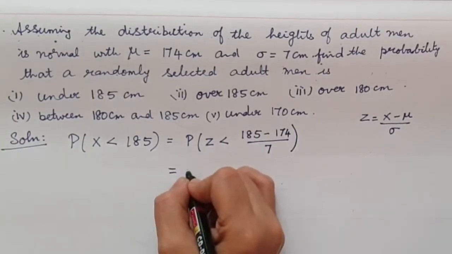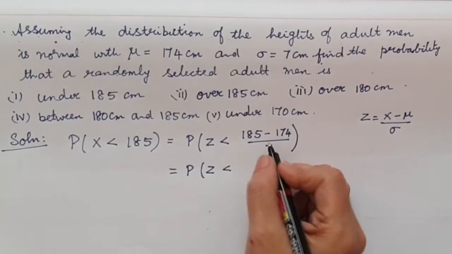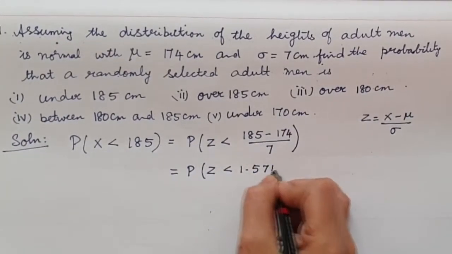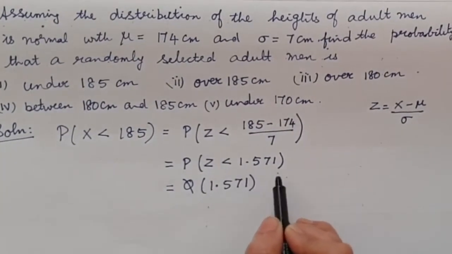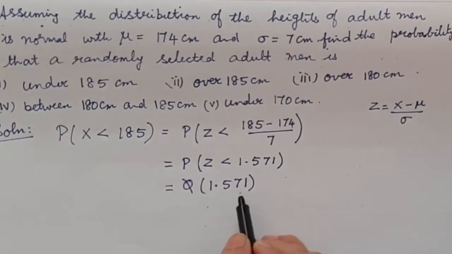When we simplify this using a calculator, we get the probability of z less than 1.571. Probability of z less than 1.571 is represented as phi of 1.571.